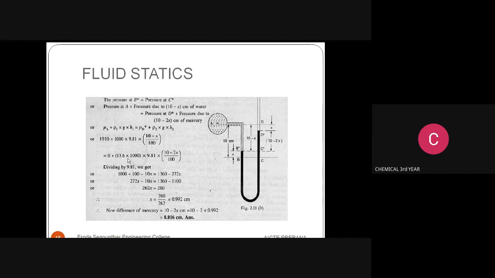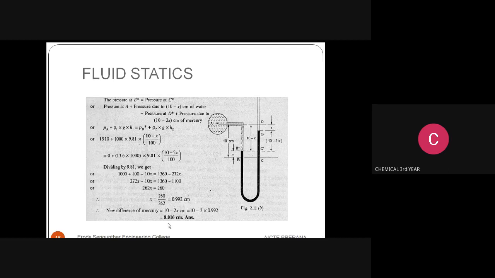So that is rho, 13.6 into 1000 into 9.81 into 10 minus 2x divided by 100. If you divide that by 9.81 and equate, you'll be getting the value of x as 0.992 centimeter.